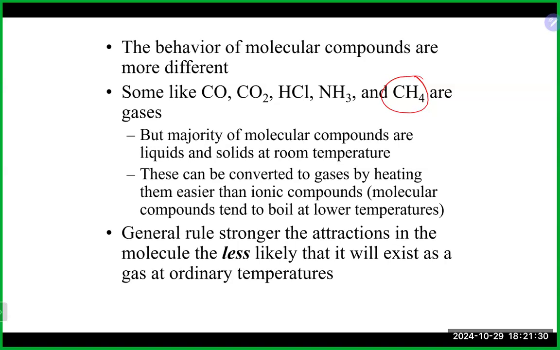But the major difference between that and an ionic compound is it is usually much easier to convert a molecular compound, which is basically guys that are sharing electrons that hold themselves together, into a gas than it is, say, an ionic compound. And that really has to do with something that's known as intermolecular forces.